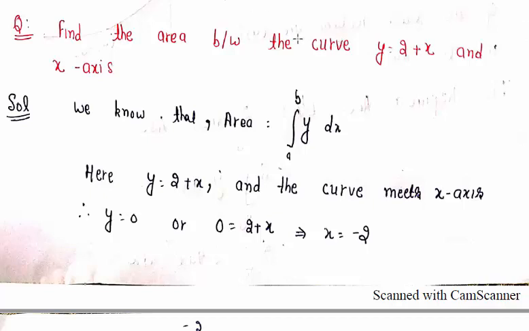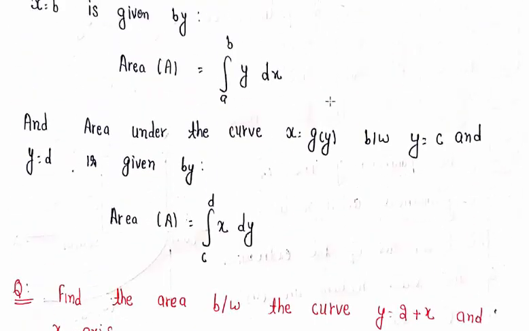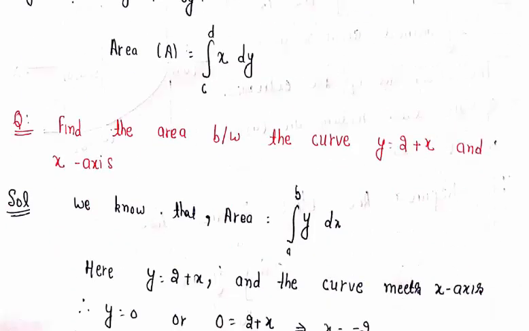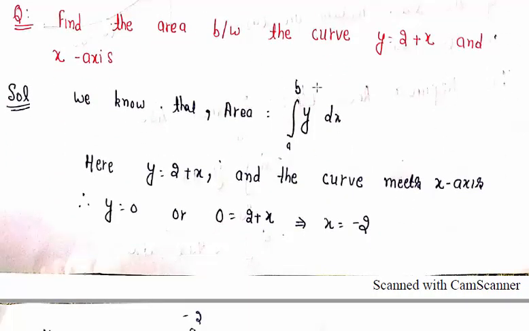Find the area between the curve y equals 2 plus x and the x-axis. As we write here, the area is given by the integration from a to b of y dx. This is the formula to find the area.